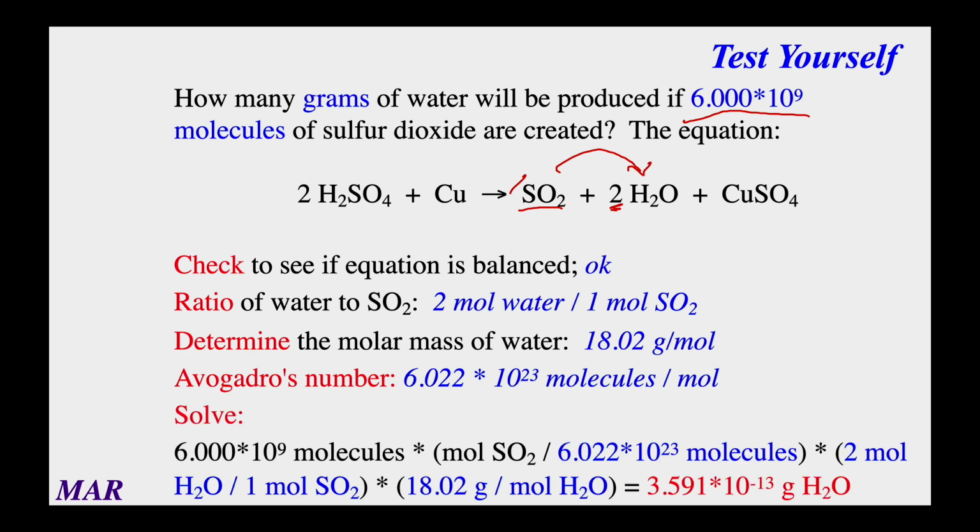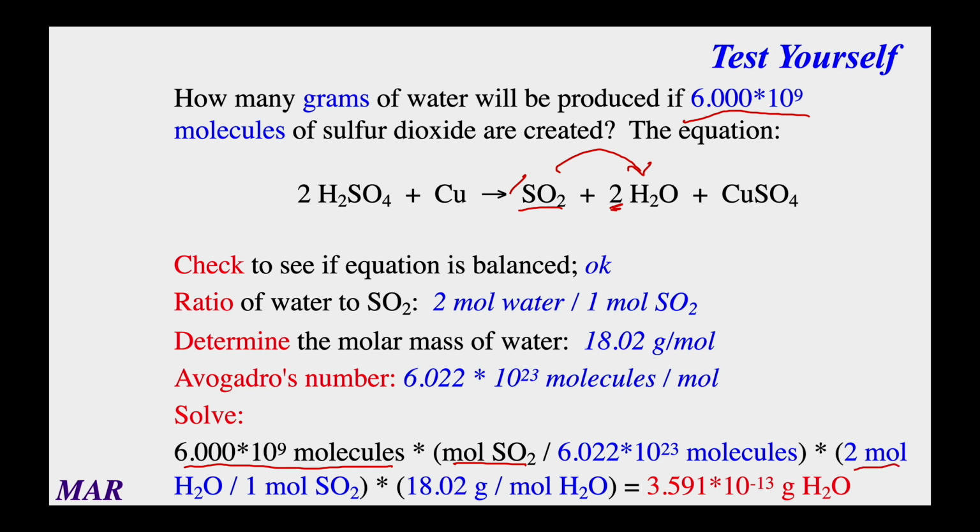So to solve it, and this is a very succinct way to solve it, we start with the molecules of SO2 and we turn them into moles of SO2. So instead of going grams to moles like we did in the last one, here we're going molecules to moles, just an alternate way to find the moles, no problem. So we'll take the billion molecules and divide by Avogadro's. Then we're going to go moles to moles, and that part is the same.